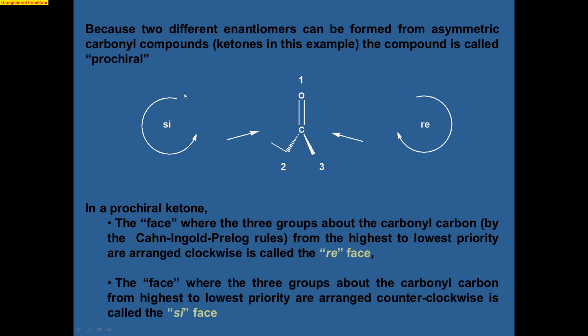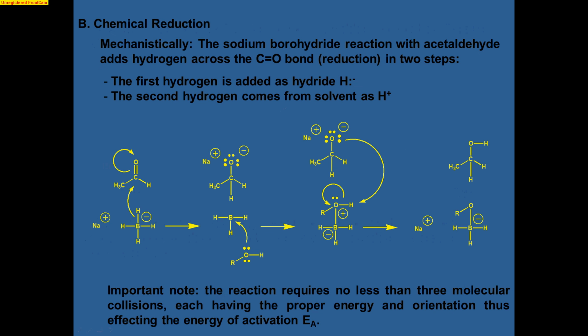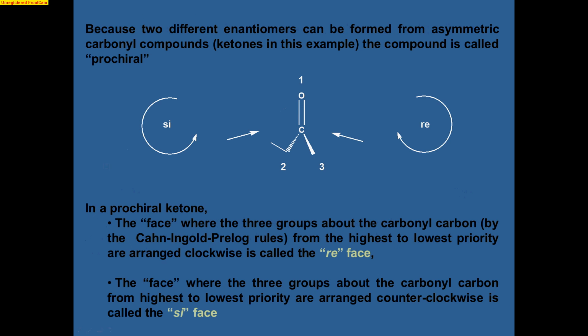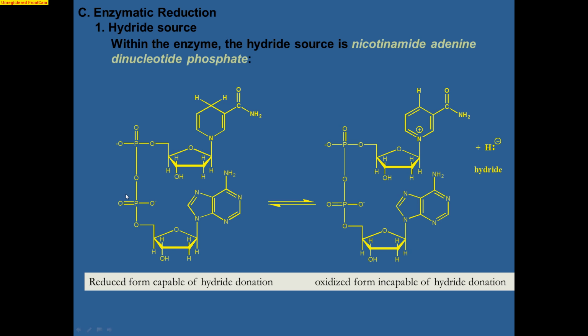So in thinking about how this reaction occurs with sodium borohydride, we need an analogous type of reactant in biological systems. This is the key molecular component of the NADH and NAD plus cofactor.